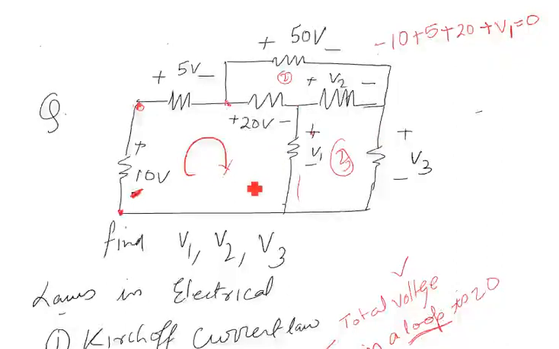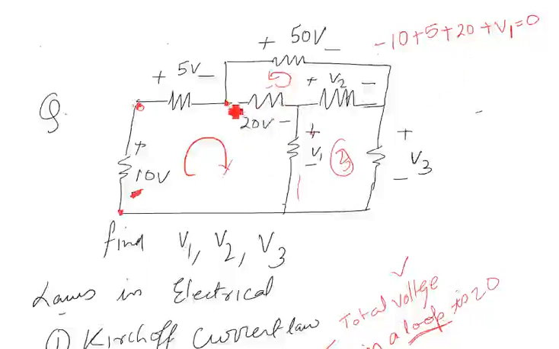Now, sir, I am not satisfied with this, tell me any other loop. Okay, let's check the other loop, this loop. I'm going for this loop. Sir, you always go clockwise. Show me anti-clockwise, any direction you take. I'm going this direction now. The rule is whatever first sign you are getting, you have to write it there.